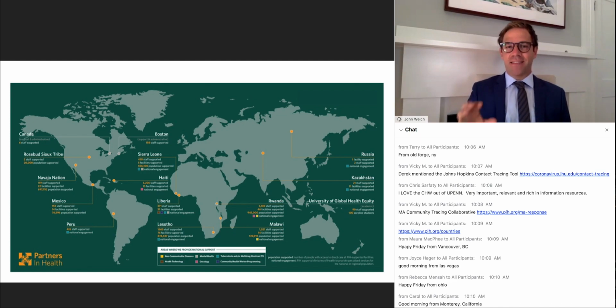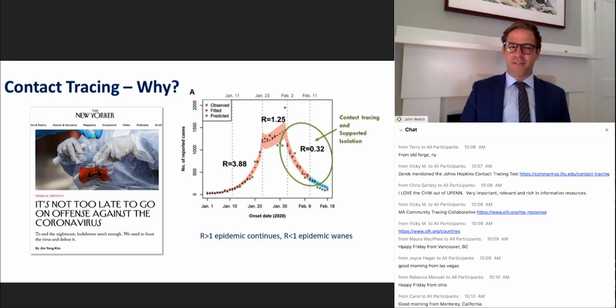So we have to start at the local space and understand the context of where we're operating, but also the capacity that's there and the capacity that we can either amplify or alter. And I think the same was true in Massachusetts. So we can go to the next slide.